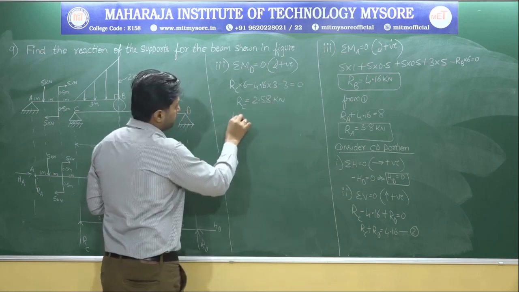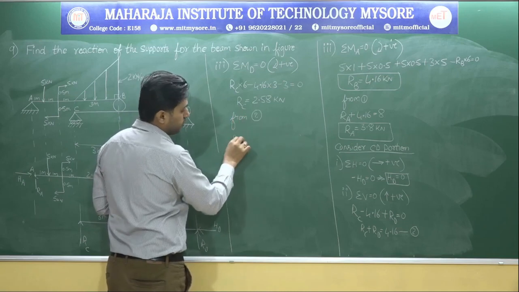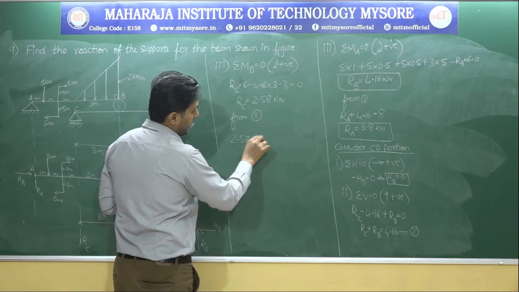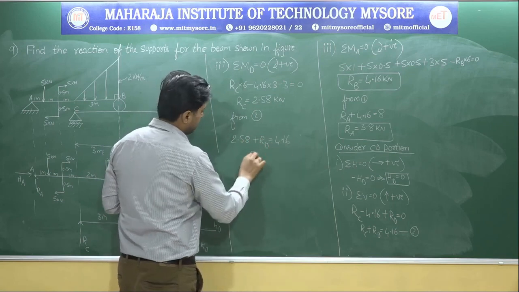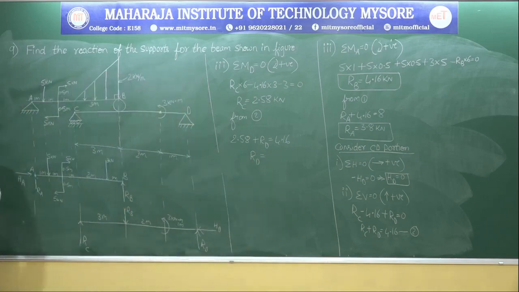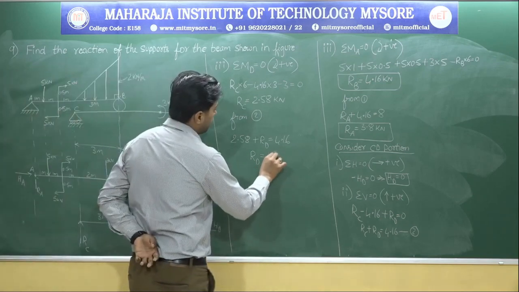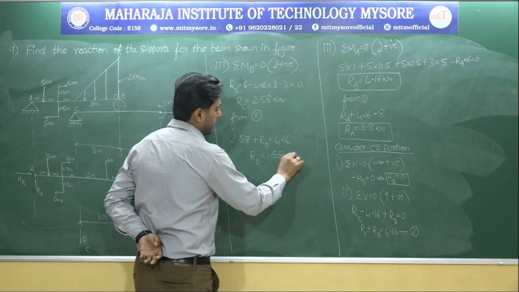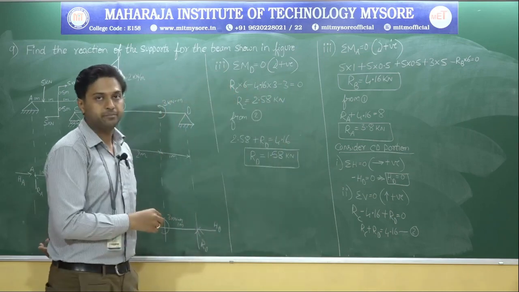From equation 2, RC is 2.58 and RC plus RD is 4.16, so finally the value of RD is 1.58, approximate value. Please do it in the calculator and get it verified.